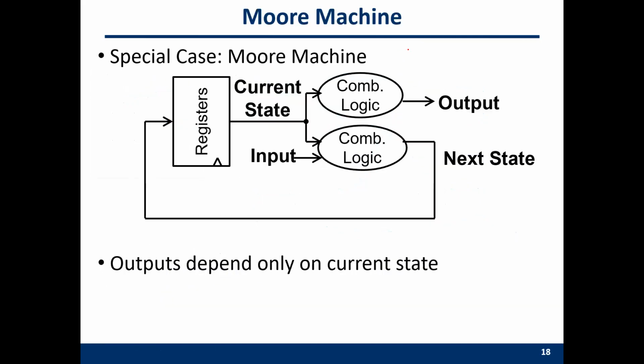So this is the Moore machine. For the Moore machine, the output here is only decided by the current state.